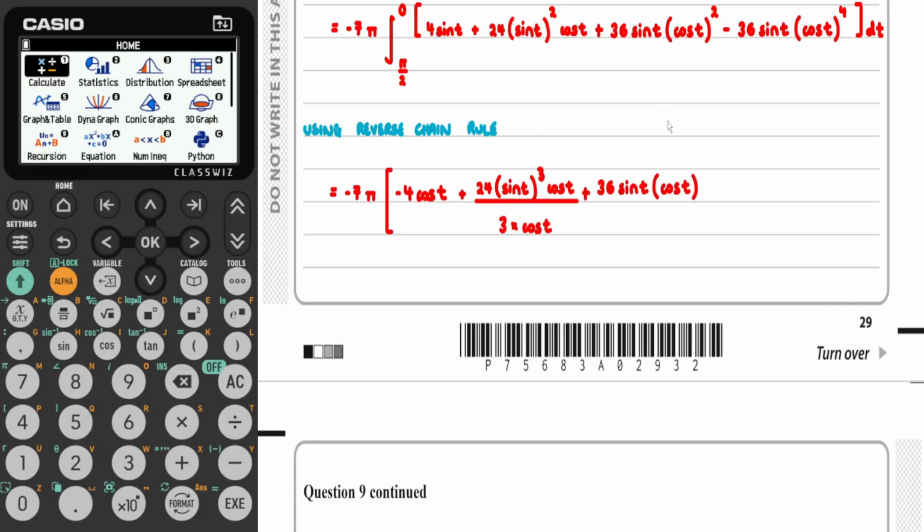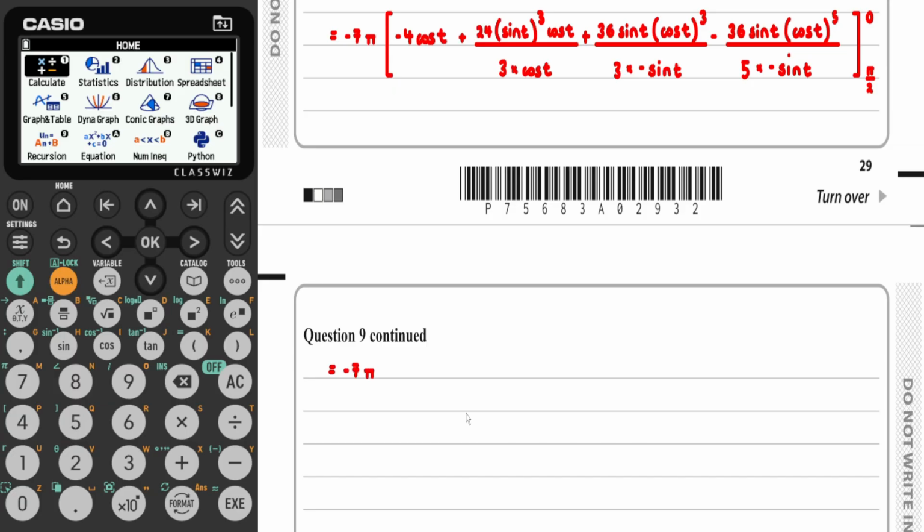And for this term, we add 1 to the power, divide by the new power, and divide by the differential of the bracket. And then for this term, add 1 to the power, divide by the new power, and divide by the differential of the bracket, as we see here, and we evaluate this from pi over 2 to 0.